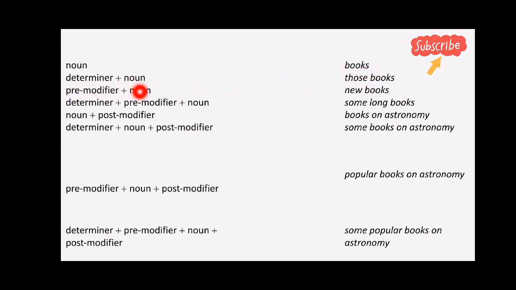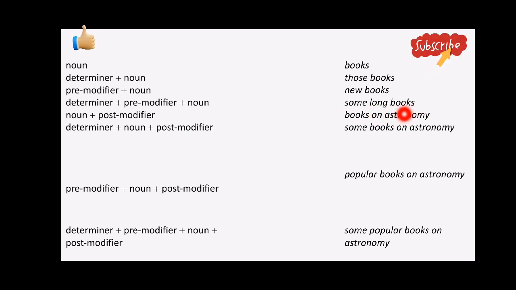Determiner plus noun, like those books. We can add pre-modifier plus noun, new books. New is a pre-modifier, it comes before the noun. And determiner plus pre-modifier plus noun, some long books. Some is the determiner, long is the pre-modifier, and books is the noun.